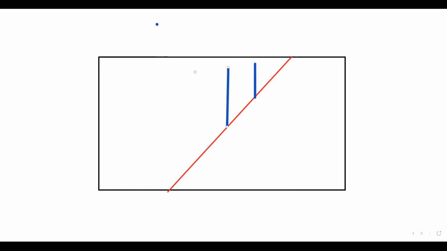Some part of the wavefront is in a deep region and some part of the wavefront is in a shallow region. Like this is a deep region and this one is shallow. So when part of the wavefront is in deep and part in shallow, what will happen in the shallow region? The wave will slow down.